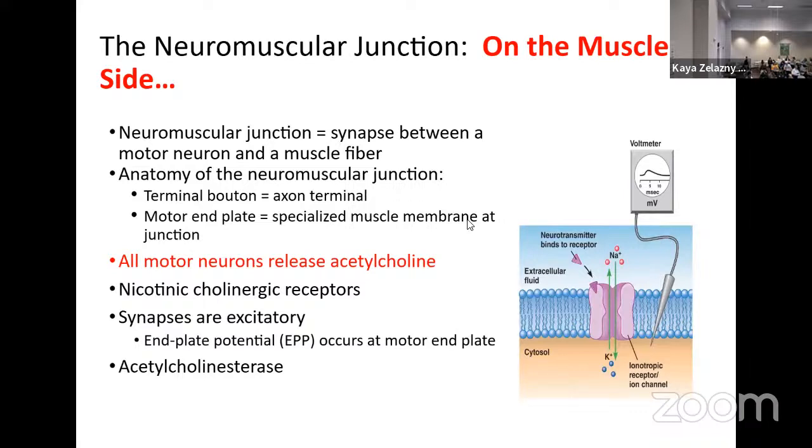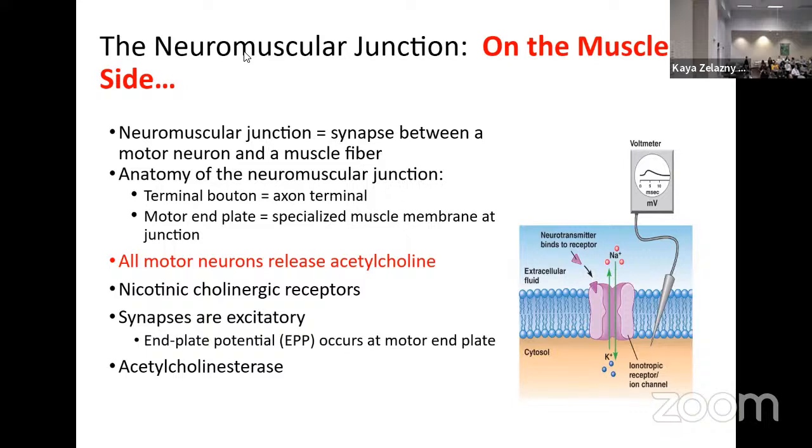So just like in our other nerves, when we release a neurotransmitter, just like throwing a ball, you're going to need something to catch it. So on the muscle side, we're going to have a receptor. So on the muscle fiber, on that neuromuscular junction, you've got a receptor for acetylcholine, because we know that acetylcholine is the neurotransmitter involved in the somatic nervous system.